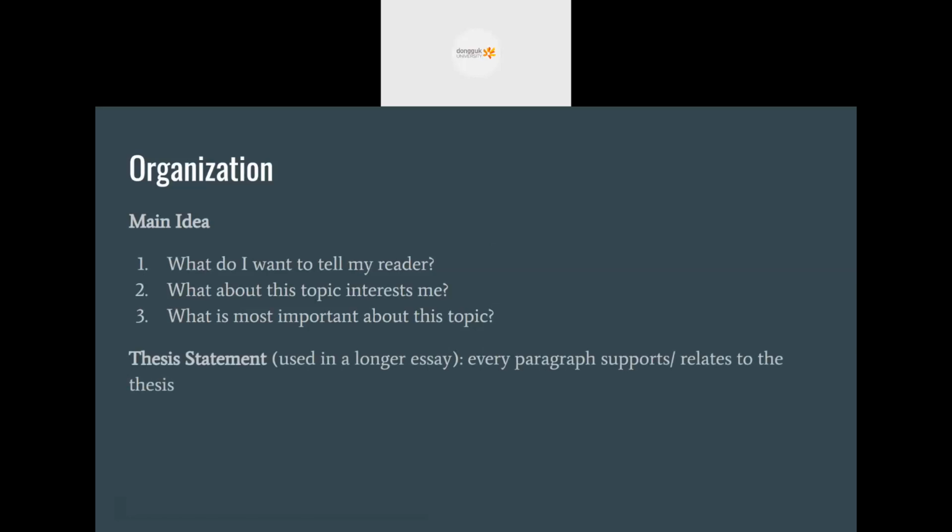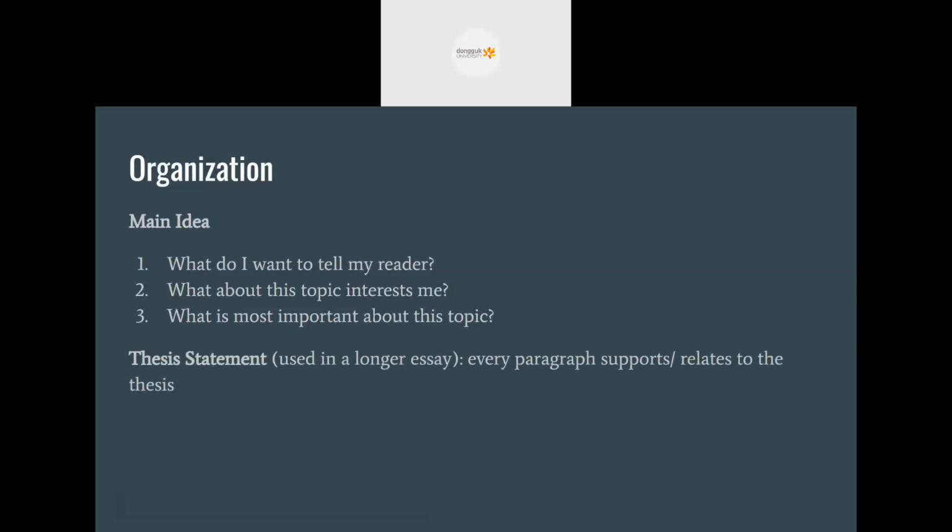Okay, next you have to come up with a thesis statement, and I will explain this in more detail. But thesis statements are used in longer essays. So like you would use a thesis statement in your project. You wouldn't have it with just a paragraph because your upcoming assignment, you guys are just going to write a paragraph.